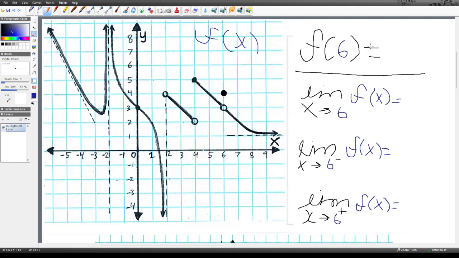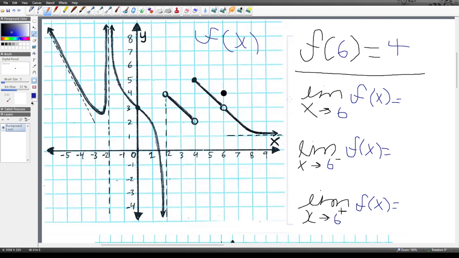Evaluating and finding the limit are different things, but there are some instances where the limit coincides with the evaluation of the function because it's continuous. There are no jumps, no discontinuities, no asymptotes. So that's why it would sometimes be the same.